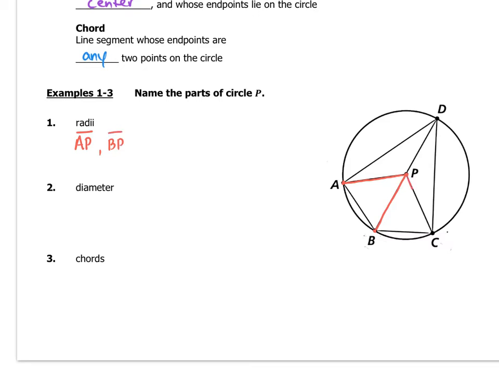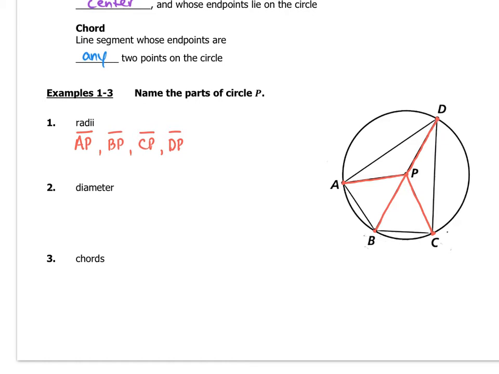Line segment CP is also a radius of the circle. And then line segment DP is a radius of the circle. So circles can have more than one radius, and a radius, again, just has to be any line segment drawn from the center to a point on the circle. So here in this figure, there are 4 that are drawn there.